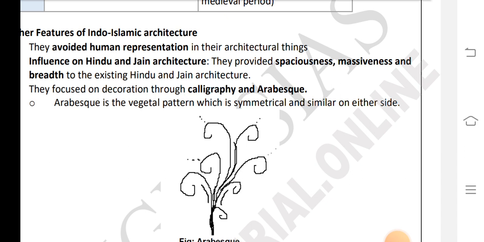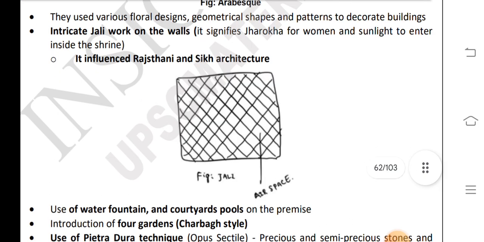They focused on decoration through calligraphy and Arabesque. Arabesque is a pattern which is symmetrical and similar on either side. They used various floral designs and geometrical shapes and patterns to decorate buildings.